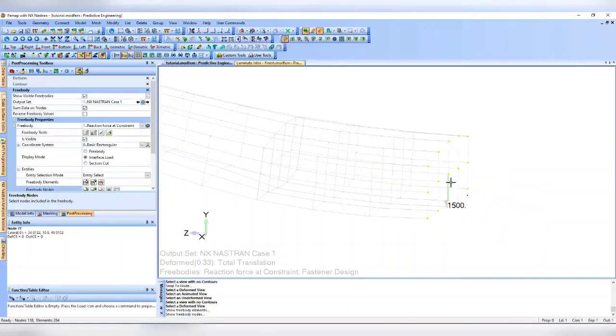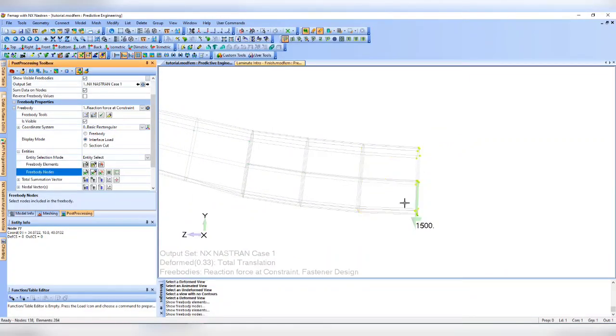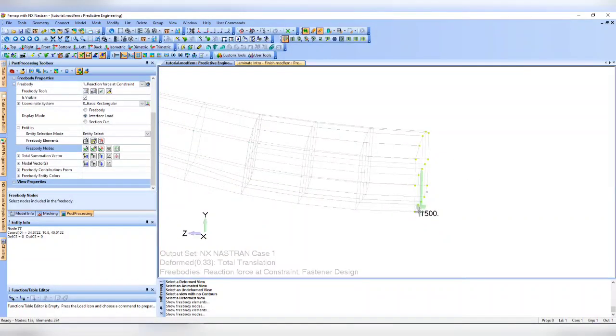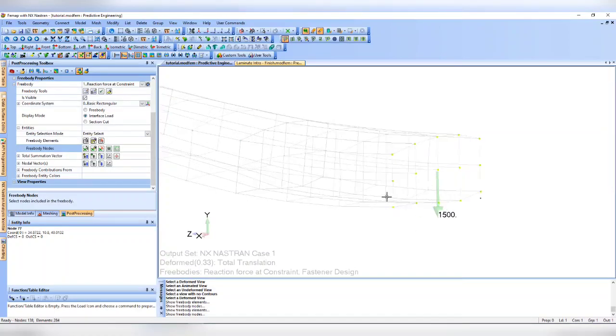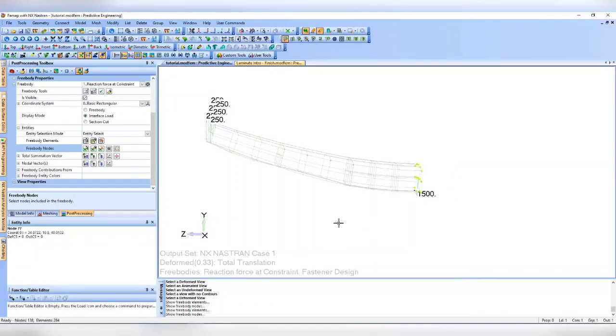I took a free body section cut along here by activating these elements and these nodes, and I asked for a total summation force, and it's giving me a 1500 pound downward force, which is reacting this upward force. So I know that this applied force is getting translated across this wing box and getting reacted out here. That's an important check you typically want to make with your models: make sure these free body diagrams make sense.